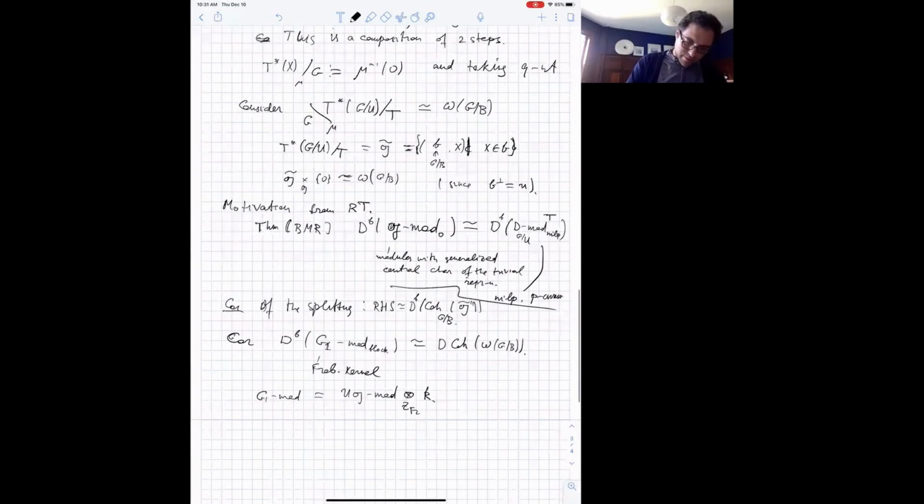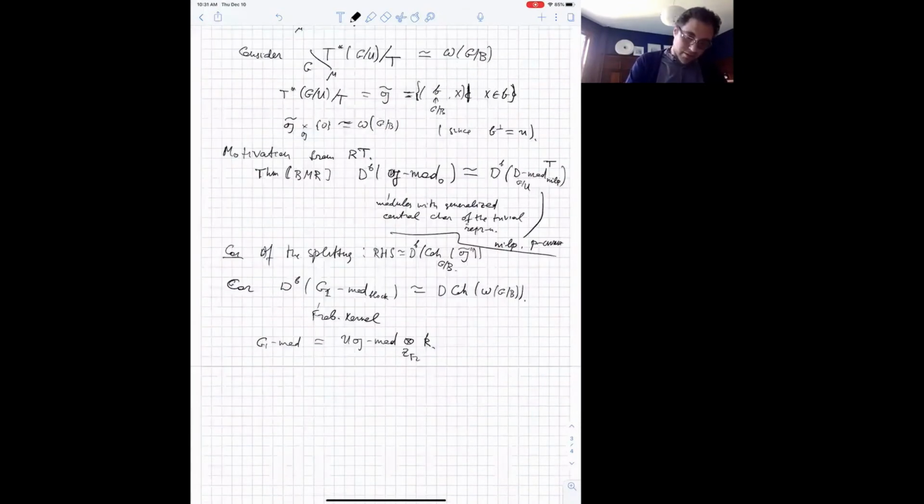And killing this Frobenius center corresponds to taking this zero of the moment map.